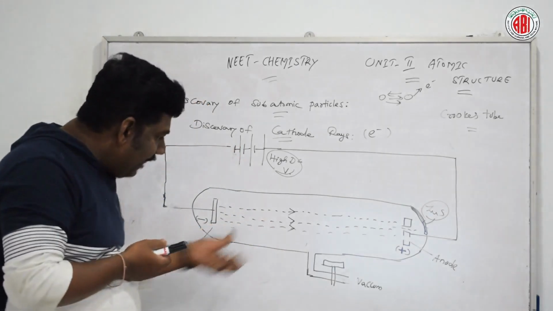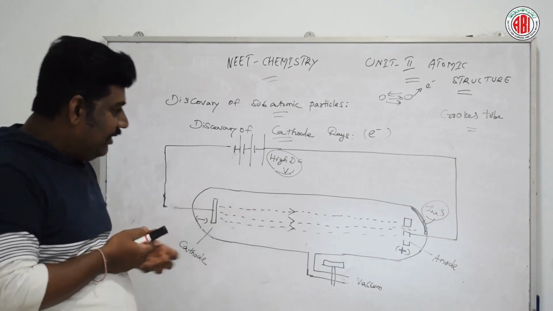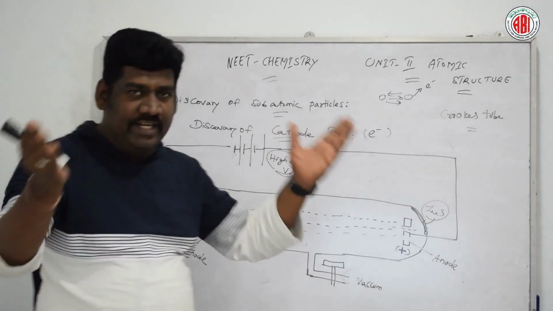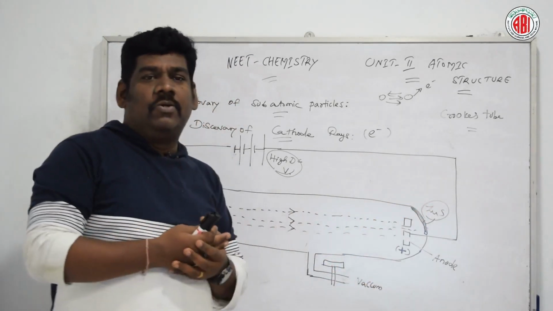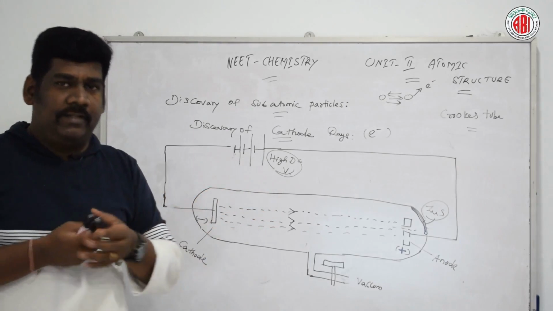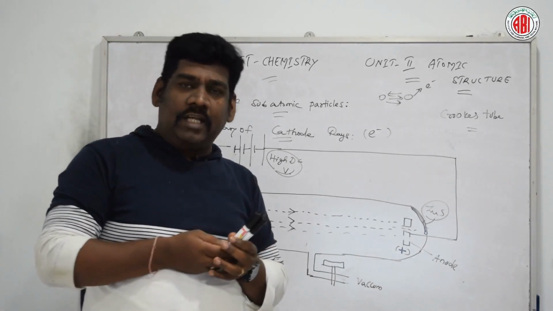When we apply a magnetic field or an electric field, what happened? These rays started to deviate, and are not going along their straight path. Okay.